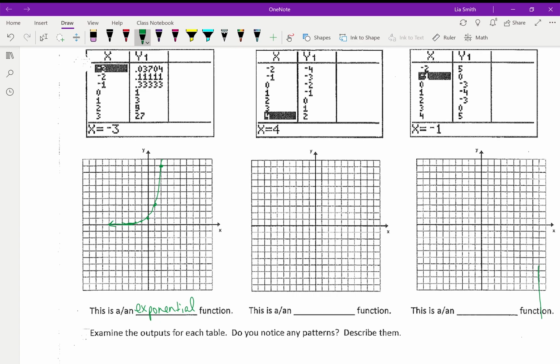Let's do that for this next one here. What type of function would this be? So we've got -2, -4. Over 1, 2, up 1, 2, 3, 4. Then we have 1, -3, then -1, -3. Then we have -2.